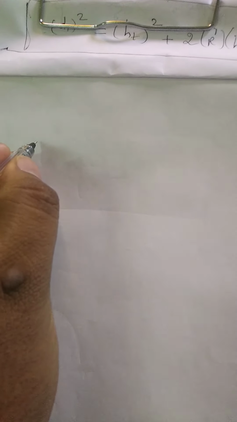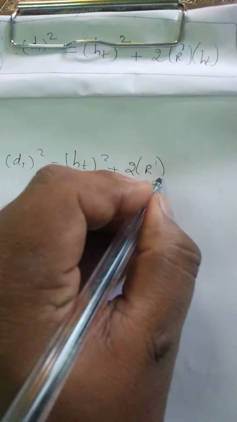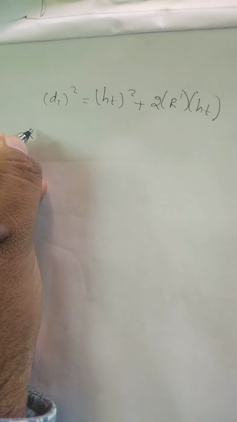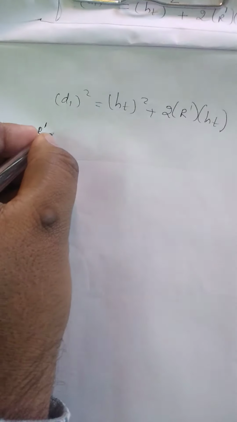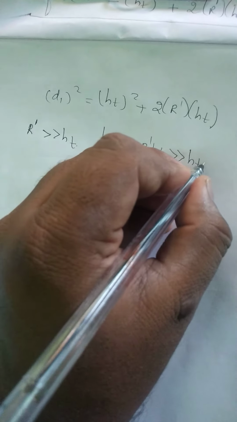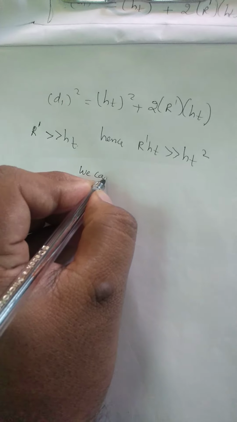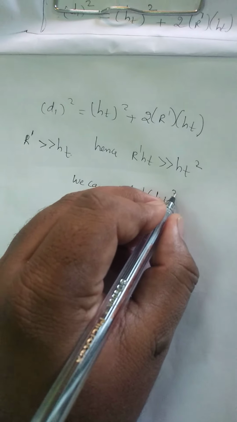So we got D1 square is equal to HT square plus 2 times R dash into HT. Now what is the condition we are considering? We are considering that the atmospheric radius R dash is much greater than the height of the transmitter. Hence R dash times HT is much greater than HT square. That means what term can we neglect? We can neglect HT square because it's a very small term.